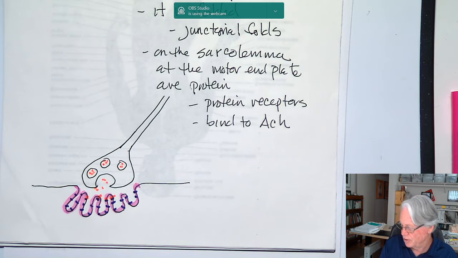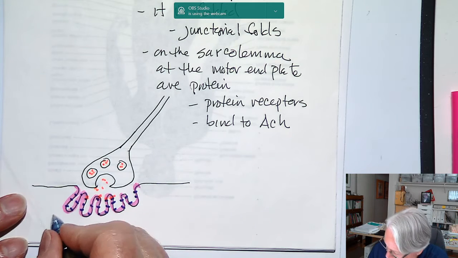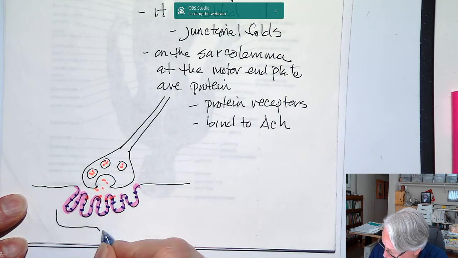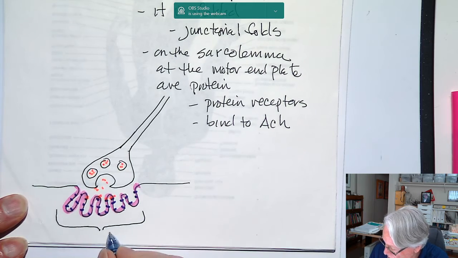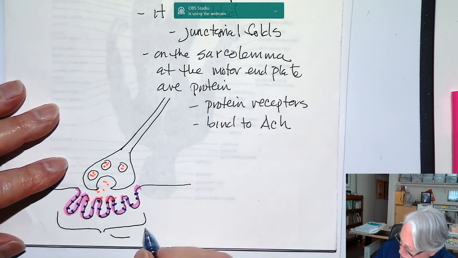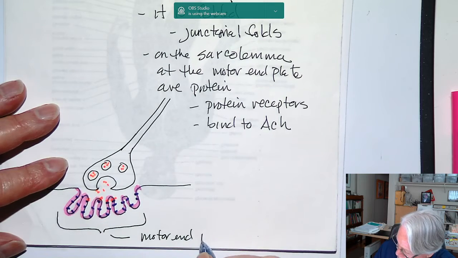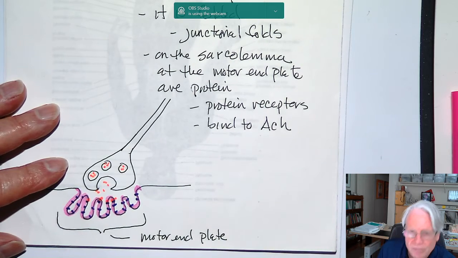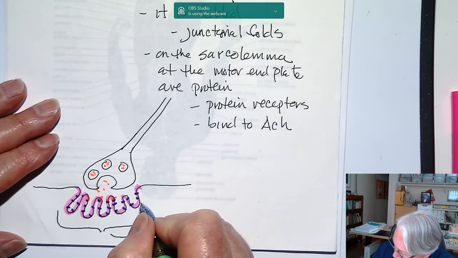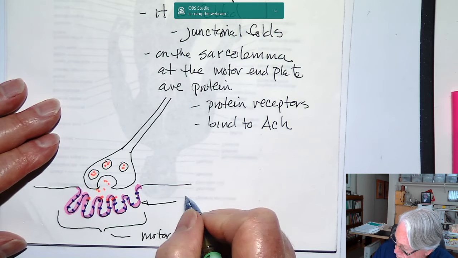So now we can start labeling this whole thing. This is my motor end plate. These are my junctional folds.